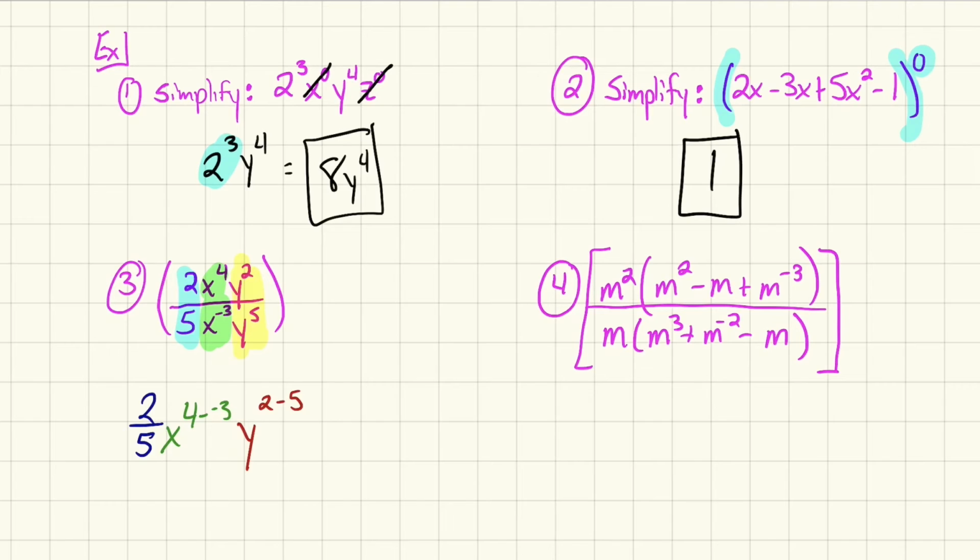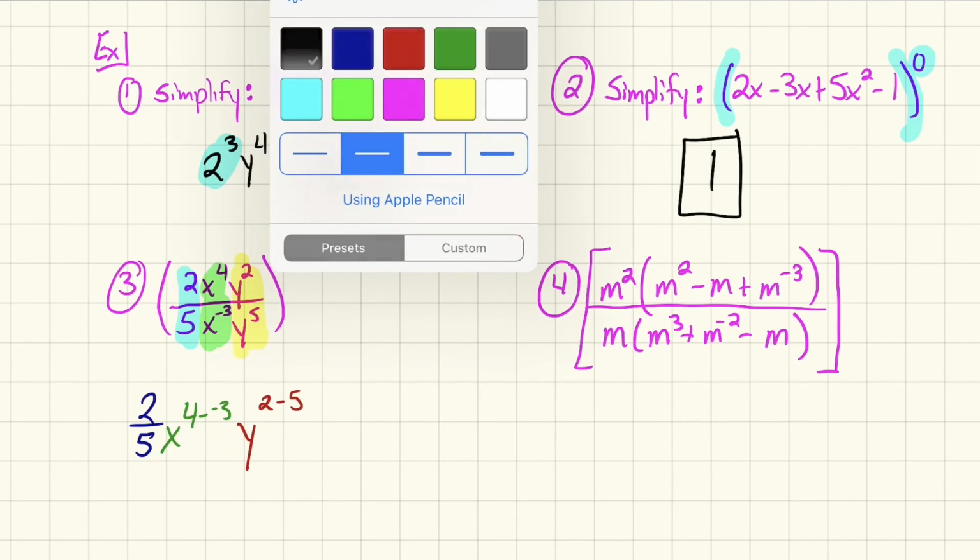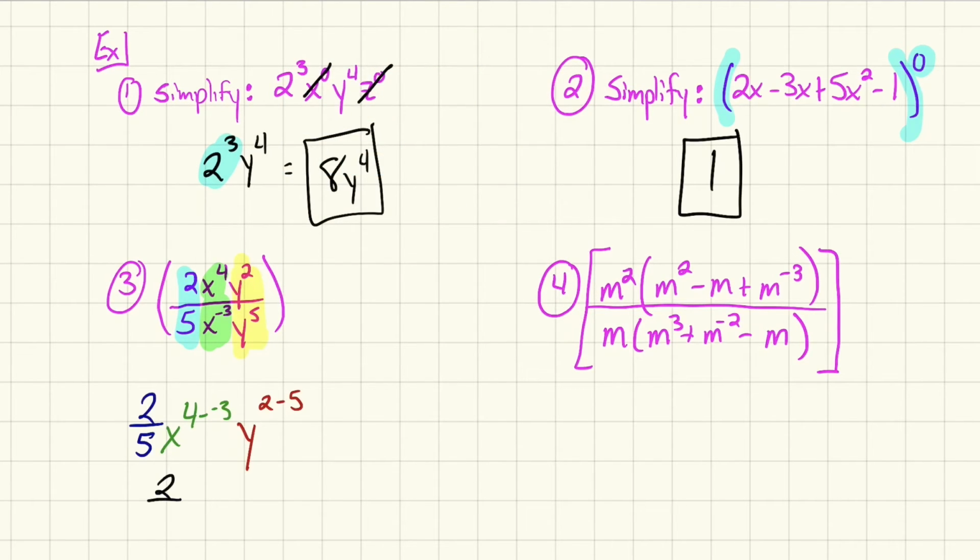As we simplify to get our answer, we end up getting 2/5 x to the 7th because 4 minus negative 3 is really just 4 plus 3, so that's 7. And then we get y to the 2 minus 5, so that's negative 3.